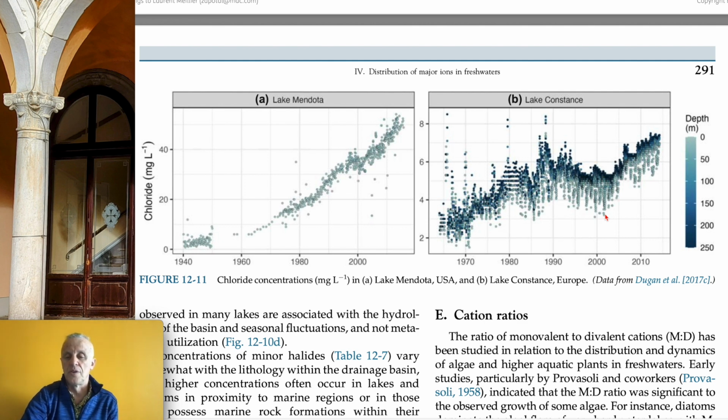We have low concentration, up to, and once again, it shows an increase, and that is due to increased de-icing and increased network of roads that requires de-icing, as well as probably some amount of accumulation of that chloride, because it's not really needed in a lot of metabolic pathways. So it's probably accumulating in the waters of the lakes. And so we have concentration up to 7 milligrams per liter, which is a fair amount.